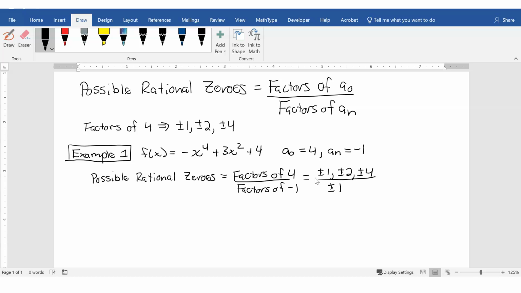And then we really need to do a division here. Now, when the leading coefficient is positive or negative 1, it's essentially like dividing by 1. So the values that you see in the numerator are really going to be your final answers.